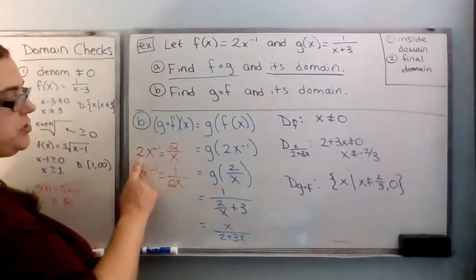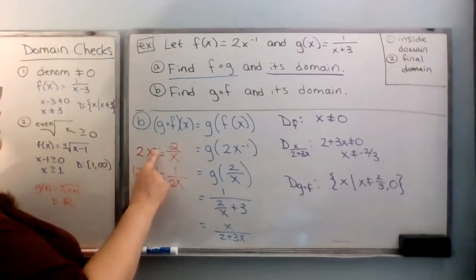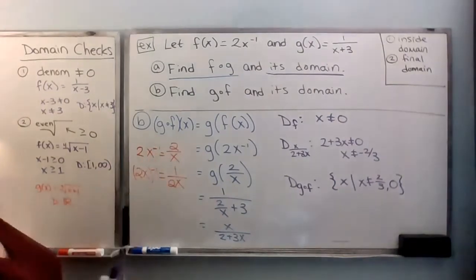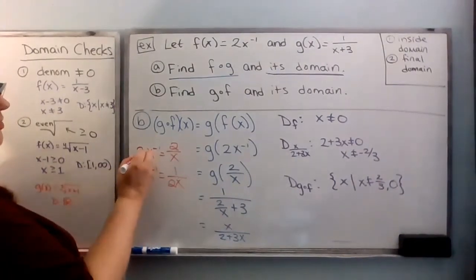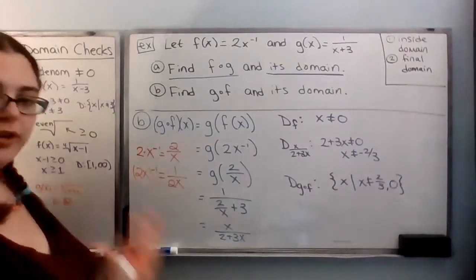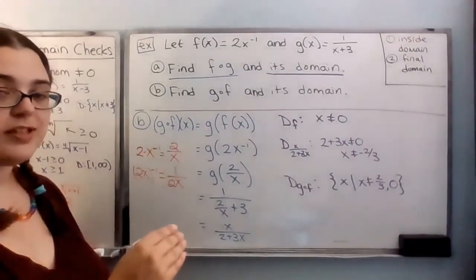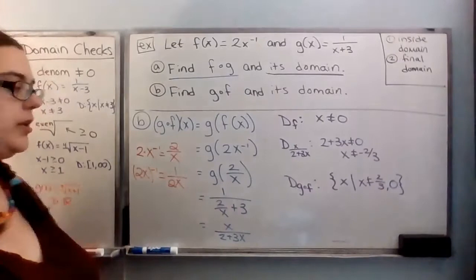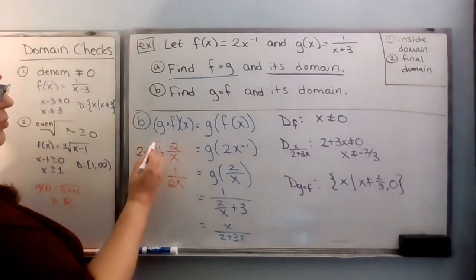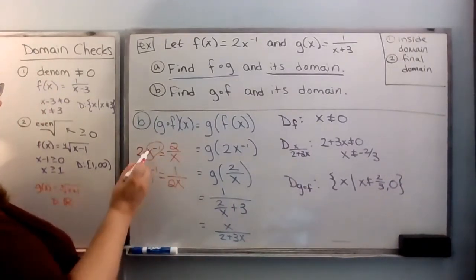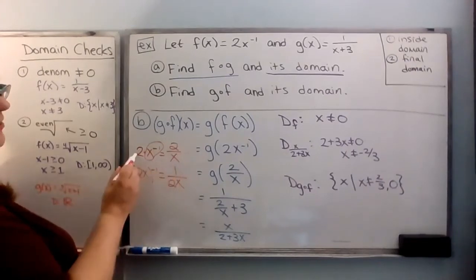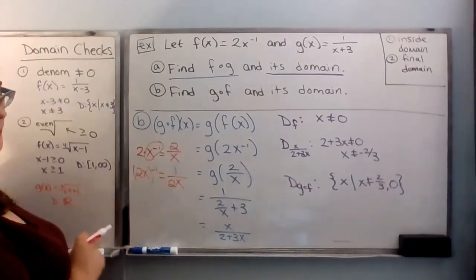In this expression, which is the one we have, this exponent is only applied to the variable because remember, there's a secret multiplication here. And according to our order of operations, exponents happen first and then multiplication. So we take the reciprocal of the x first, in other words, throw it in the denominator, and the 2 stays put in the numerator.